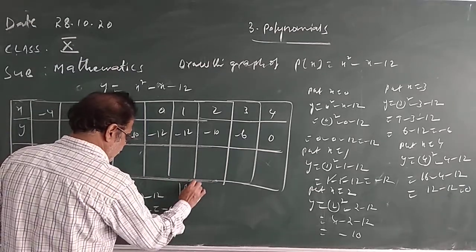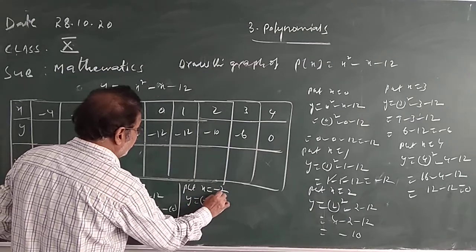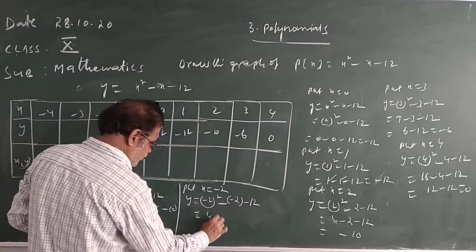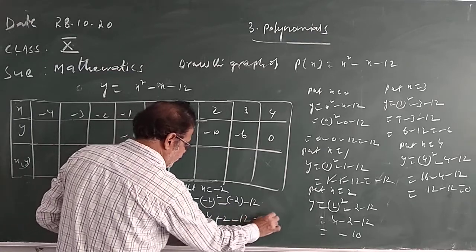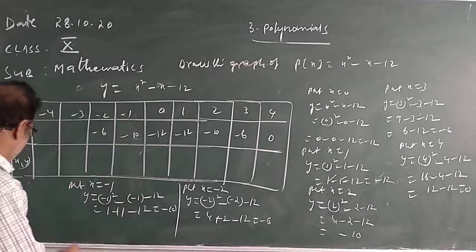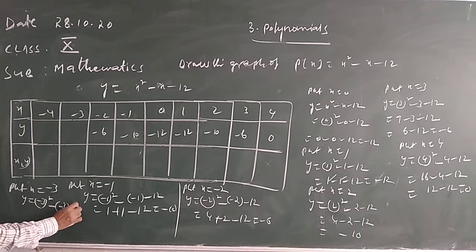Put x is equal to minus 2, y is equal to minus 2 square minus of minus 2 minus 12, 4 plus 2 minus 12, minus 6. Put x is equal to minus 3, y is equal to minus 3 square minus of minus 3 minus 12. Minus 3 square is 9, plus 3, plus 12 minus 12, equal to 0.